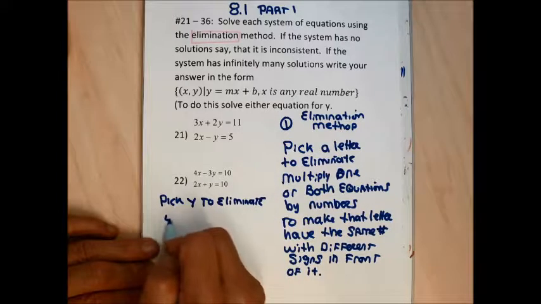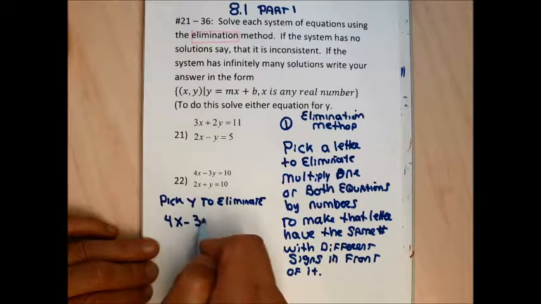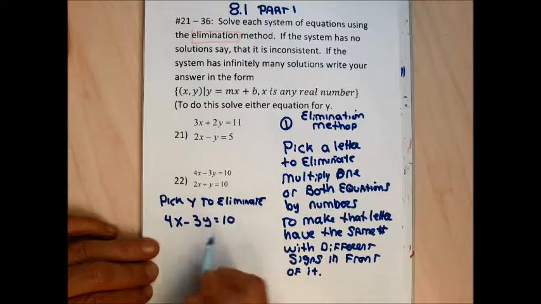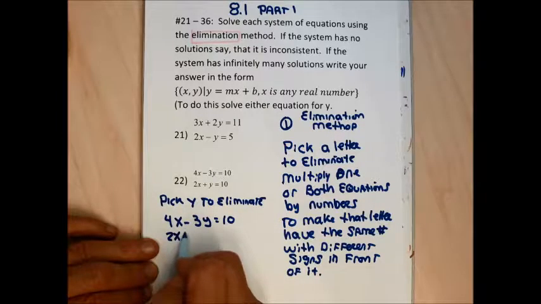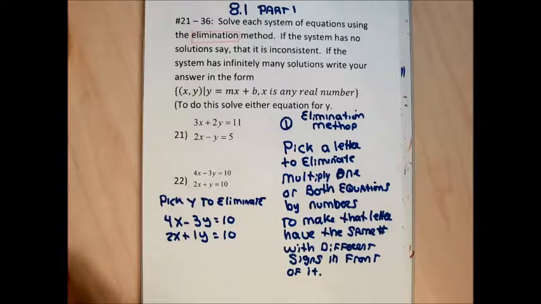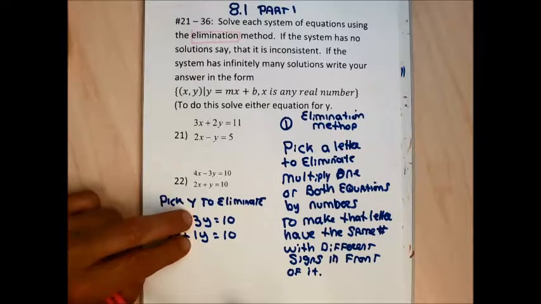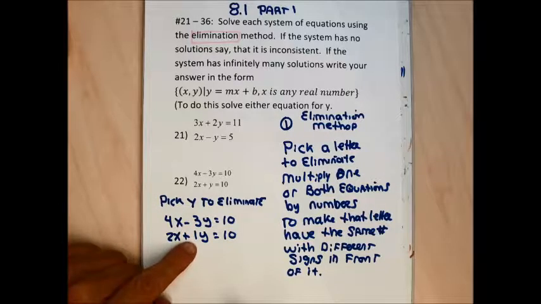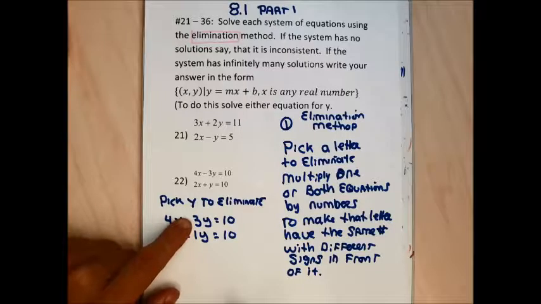If I look at my system of equations, the top equation has a minus 3y in front of the y. The bottom equation has an implied 1 in front of the y. I can make both equations have a 3y because I can multiply that 1 by 3 to get a 3y in front of that y, and I'd have the same number with different signs in front of the y.